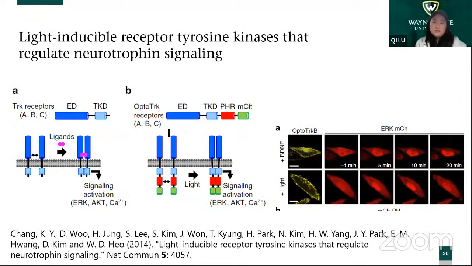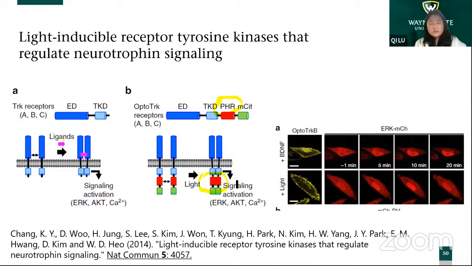So for the BL, no, it's not BLUF. This is a CRY application. For the ligand, it can cause this tyrosine to form a dimer. And if this is substituted with the PHR and causes a dimer, it will also start to cause the transcription.